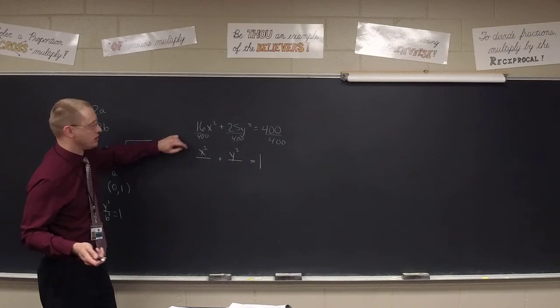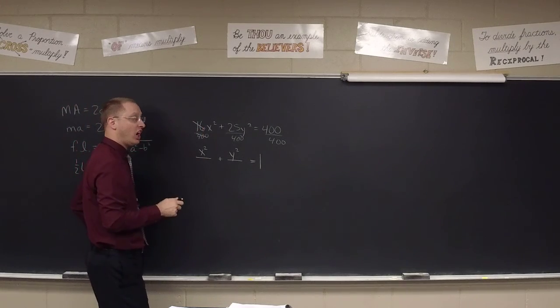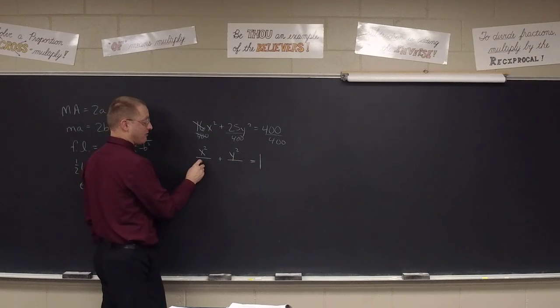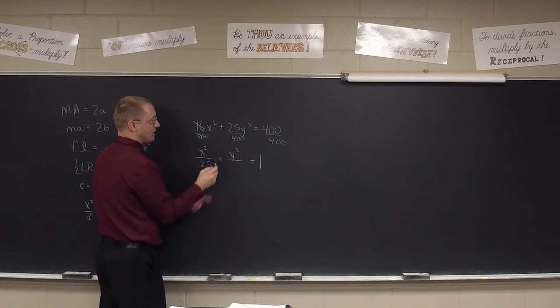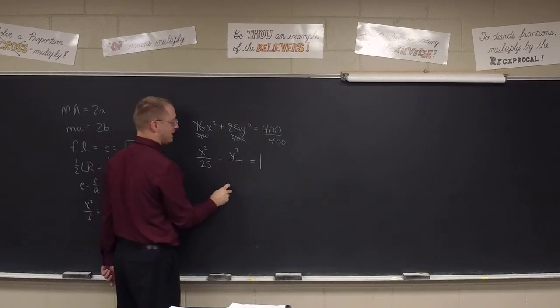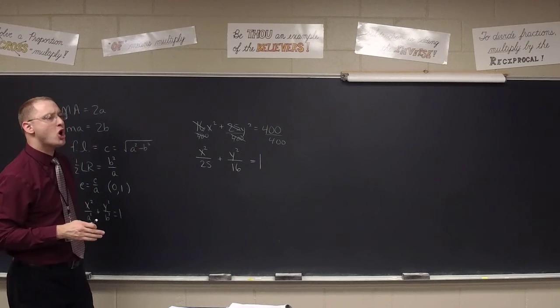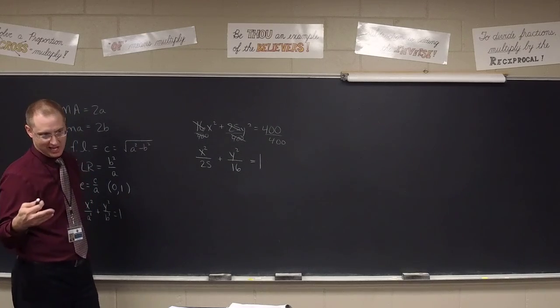That's really obnoxious. I have to divide a 16 out of the 16 and a 16 out of the 400. Conveniently, it works evenly to give me 25. Here, I have to divide a 25 out of the top and bottom, and conveniently, it gives me a 16. Does it always work perfectly like that? No, but usually the book is kind to us.